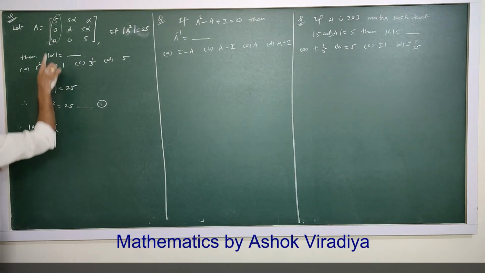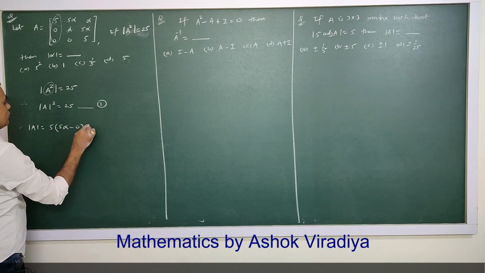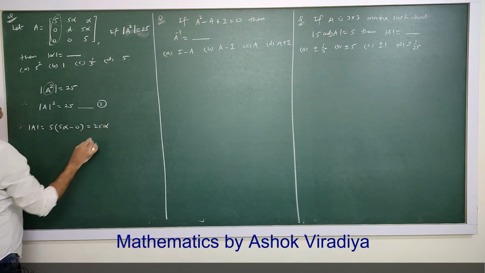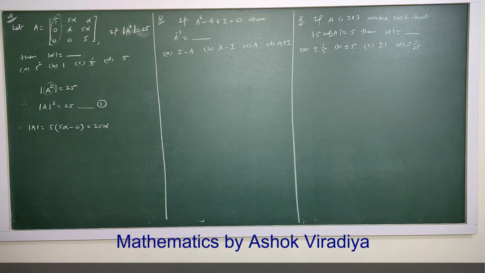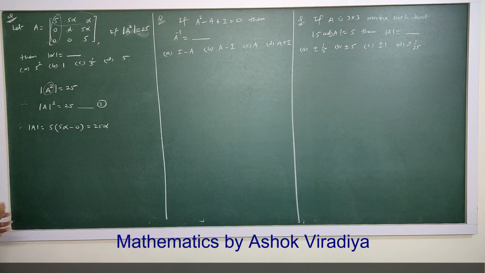So 5 into 5 alpha minus 0, so this is 25 alpha.